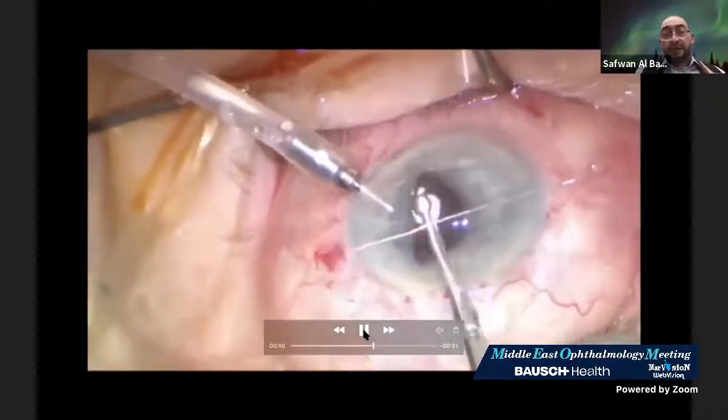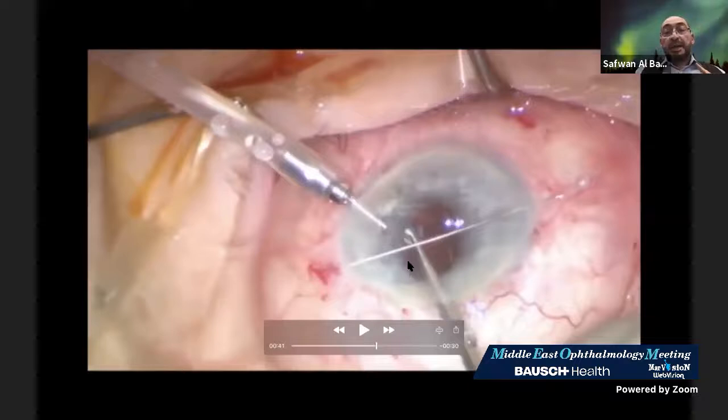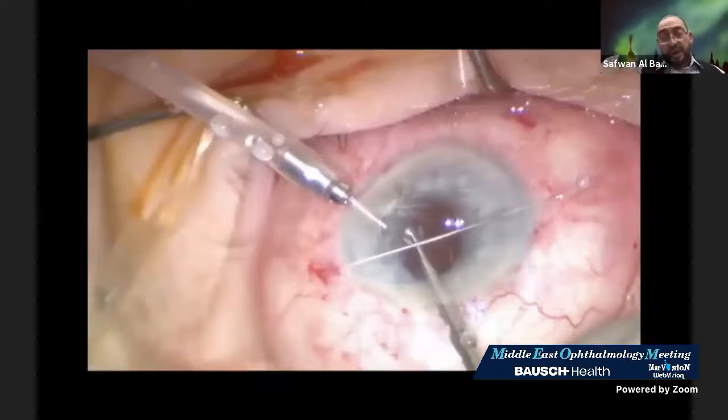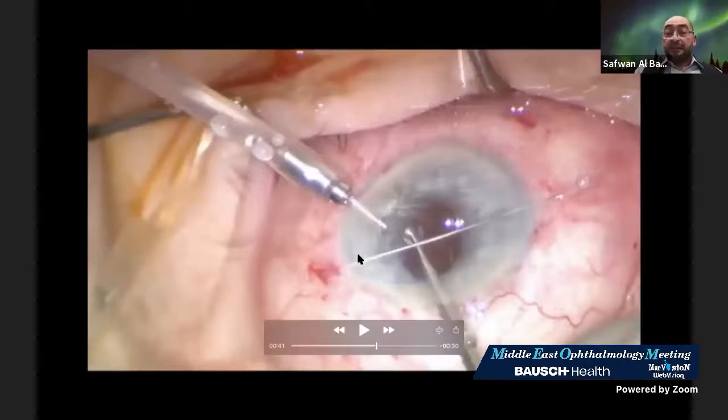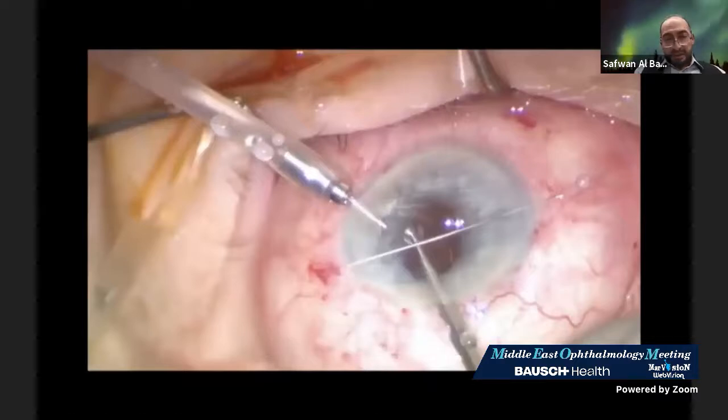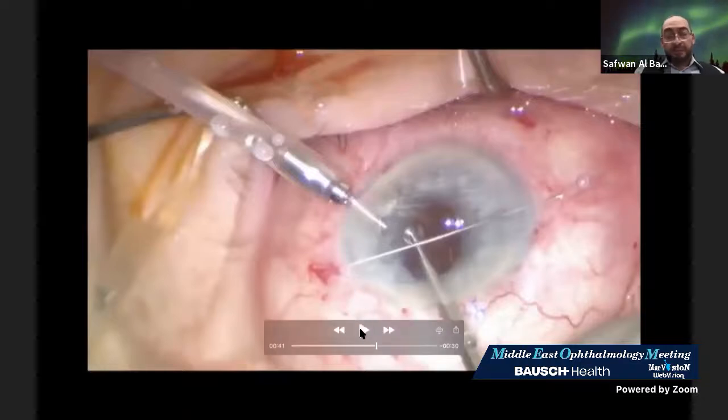See this maneuver, how he pushed toward the left side. Because I'm a very curious person, I went down when I did it, and I saw that on the left side I created trauma to the ciliary body and to the peripheral part of the retina. That's why I stopped using it.